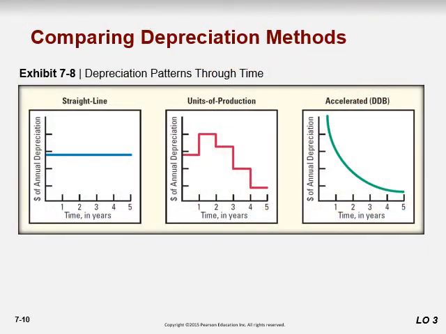So through graphical representation, the straight line depreciates the asset evenly, while the unit of production depreciates according to its consumption, while the accelerated or double declining method decreases the value sharply over the period of time. It means highest in early years and lowest in later years.